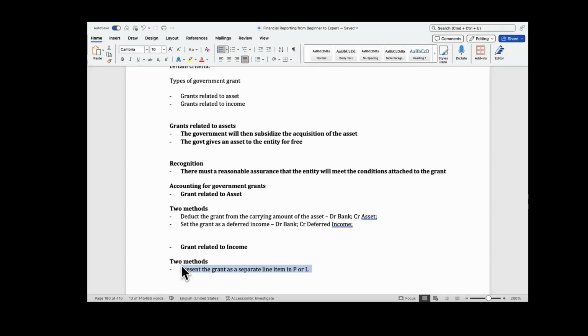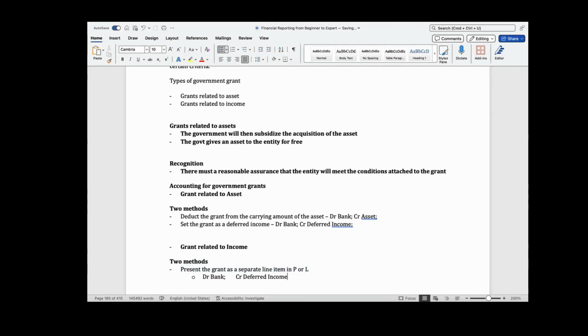But if it's going to take you more than 1 year to meet those conditions, you have to recognize the grant over those 2 or 3 years. Let's say the grant is 2,000. You debit your bank and credit deferred income, because you cannot recognize it immediately if it's taking more than 1 year.